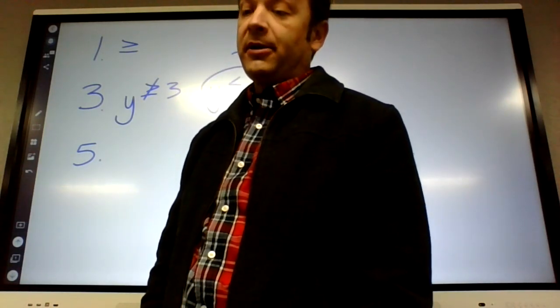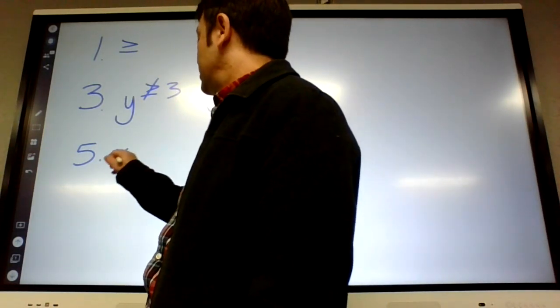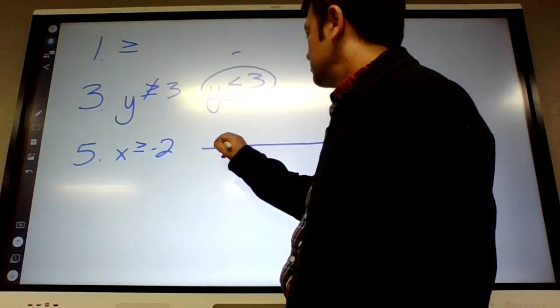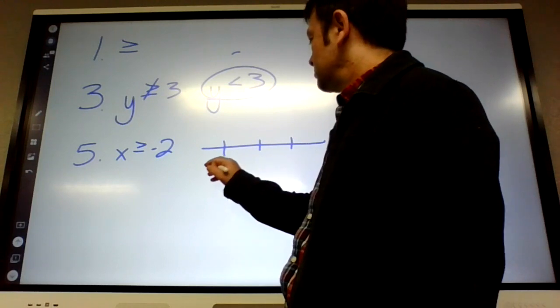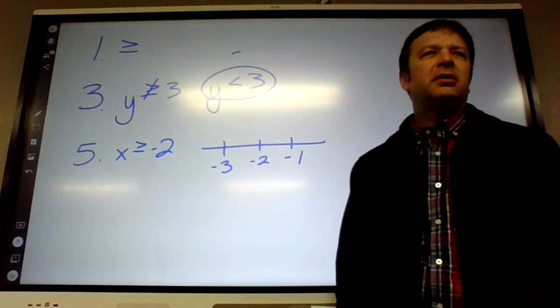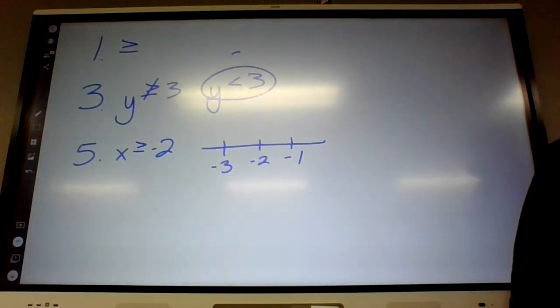Okay, graph x is greater than or equal to -2. Atticus. What's that going to look like on the graph?